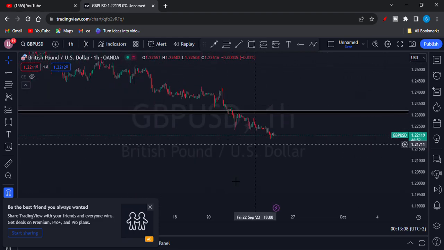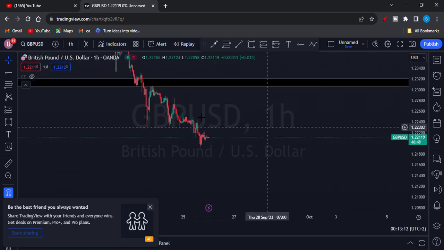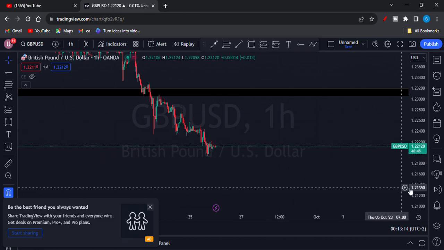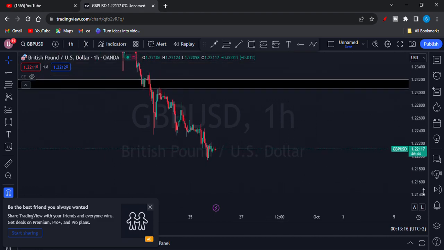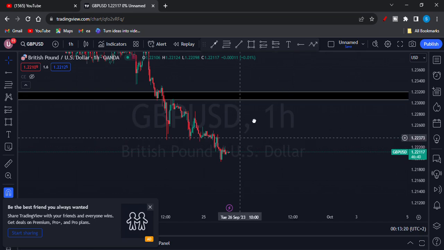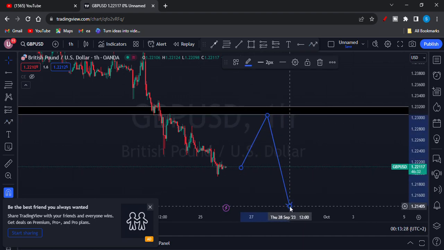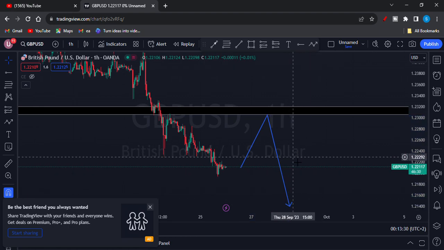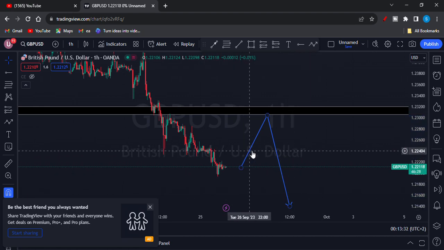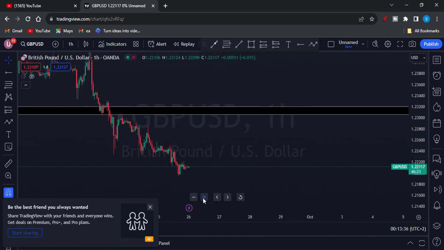Since we broke that zone, there's a possibility that the market can push around these areas and then potentially even continue to sell. Or if this doesn't happen, then let me just do this.